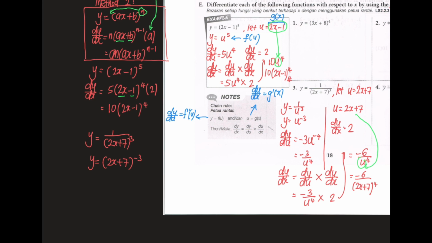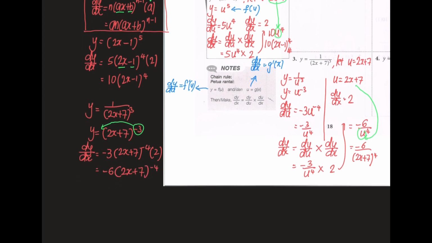And then you can bring in front the minus 3 and multiply when you start differentiation. dy dx: minus 3 bring in front, 2x plus 7, so the power you minus 1 becomes minus 4. And then 2. And then you multiply 2 with minus 3, you get negative 6. Then you bring down the bracket because it takes negative power. Okay, so we get this.